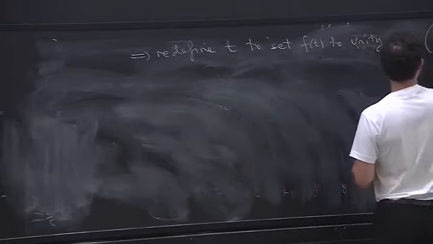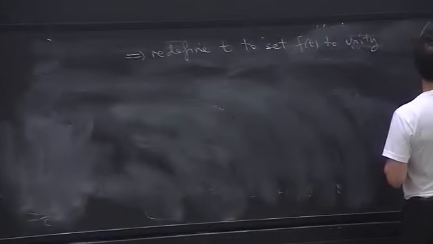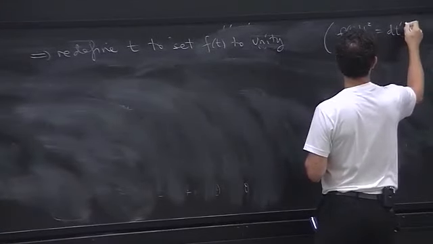That just means that I'm setting f of t dt squared to be equal to dt prime squared.